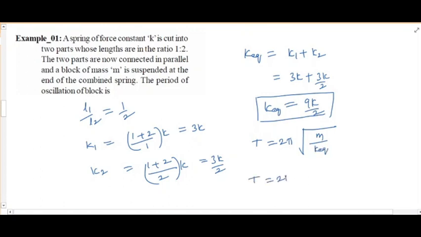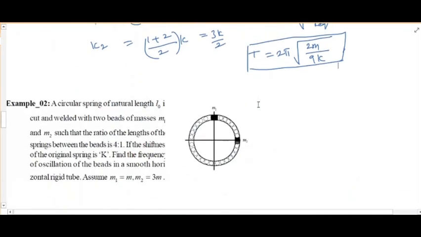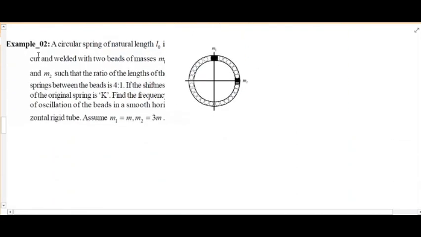Therefore T is 2 pi into square root of M by 9K by 2, which becomes 2 pi root of 2M by 9K. This is the time period when the spring is cut into two parts and the two parts are connected in parallel.